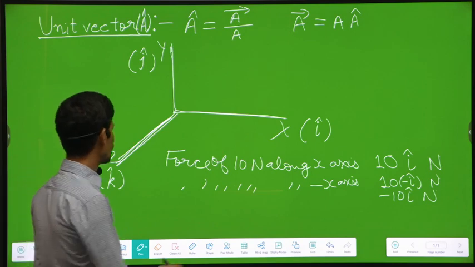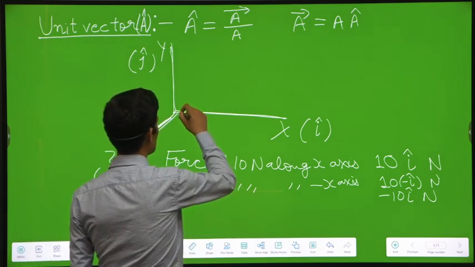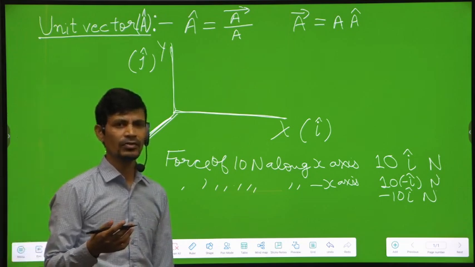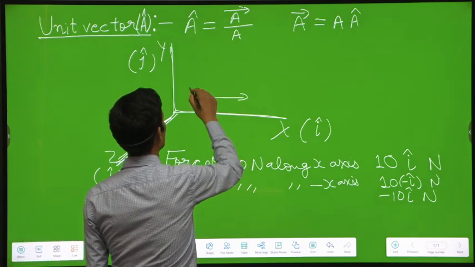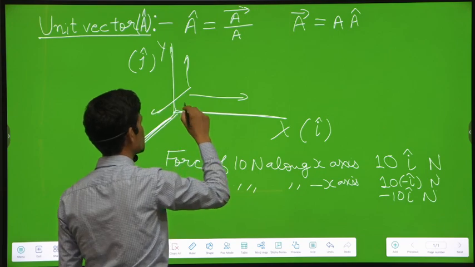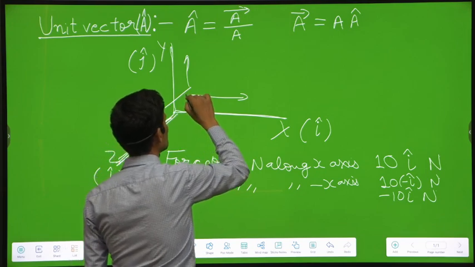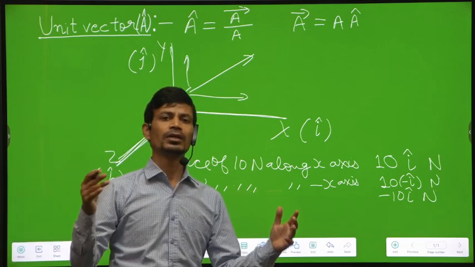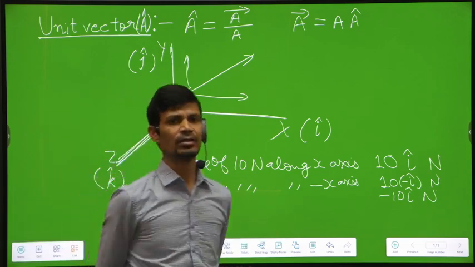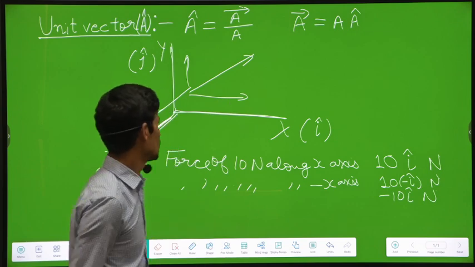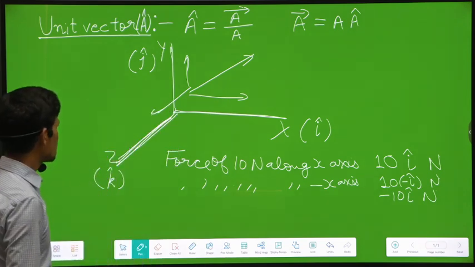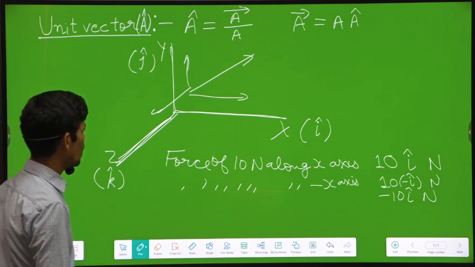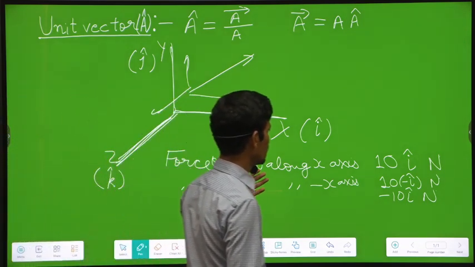But what if the vector is neither along the x-axis, nor along the y-axis, nor along the z-axis, but is somewhere lying in a plane or in 3 dimensions? In such a case, how are we going to write that vector?